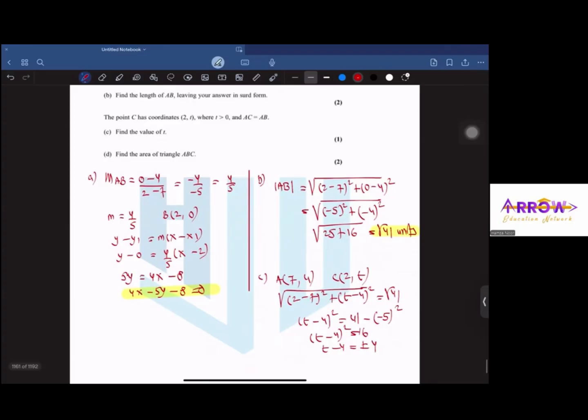But since t is positive, t is strictly greater than 0. So if you choose −4 after the square root, t will be equal to 0, so we don't need that. We need t − 4 equal to 4, meaning t is equal to 8. So the value of t is 8.